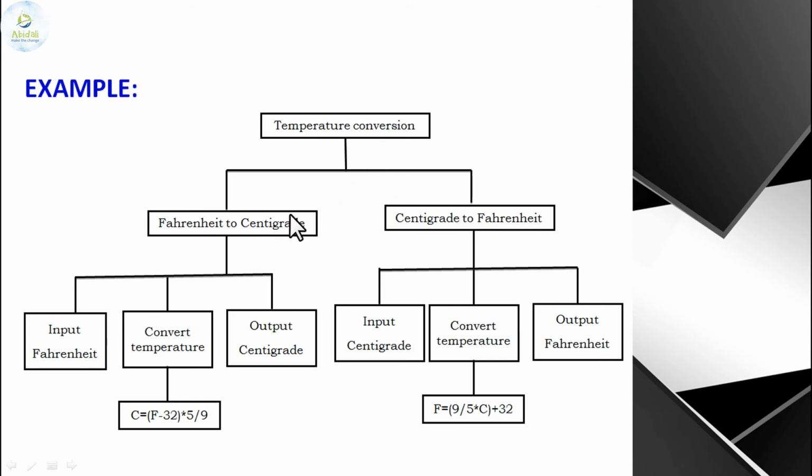Temperature conversion is divided into two cases: F to C and C to F. Further, F to C requires certain lower level details: accepting the input value in Fahrenheit, then converting the temperature, which requires a formula, C equals F minus 32 into 5 divided by 9, and then after the conversion is done, we output the temperature in centigrade.